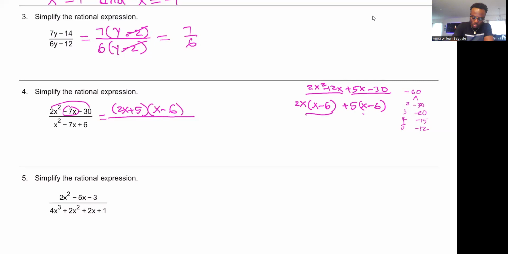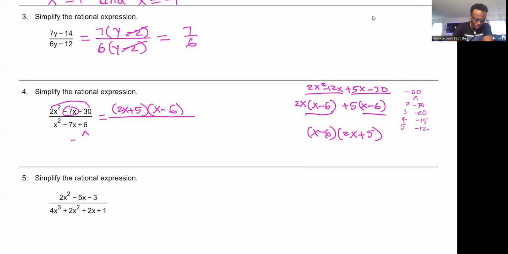So we factor out the x minus 6 again here, so we can get the factored form of this. So that's the completely factored form. Now that I have the numerator factored, I can do the same thing in the denominator. But since the coefficient of x squared is 1, we can just break down the 6 into two factors that add up to negative 7.